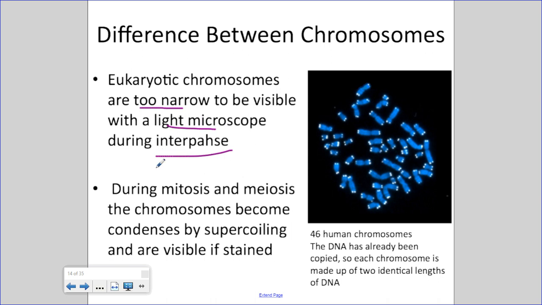However, during mitosis and meiosis, the chromosomes will become condensed by supercoiling and will become visible if stained. So you can start to see individual chromosomes during mitosis. This picture shows those individual chromosomes that have now condensed by supercoiling, and these are the 46 human chromosomes.